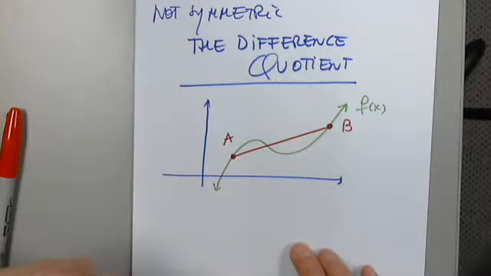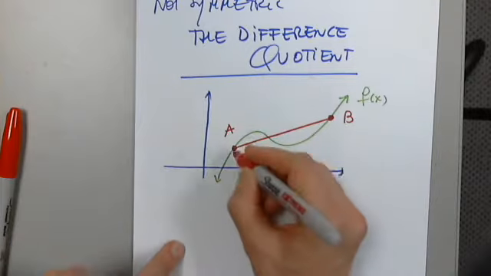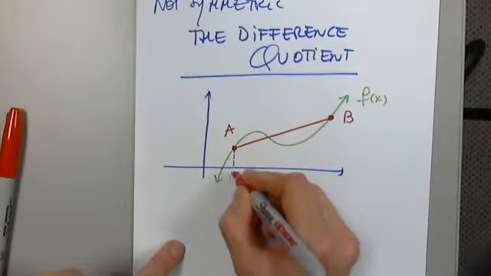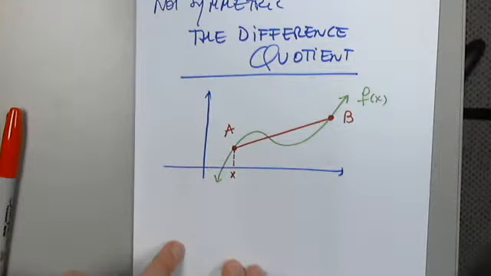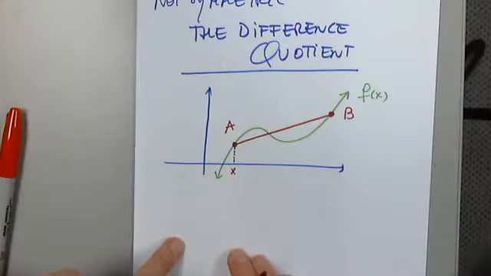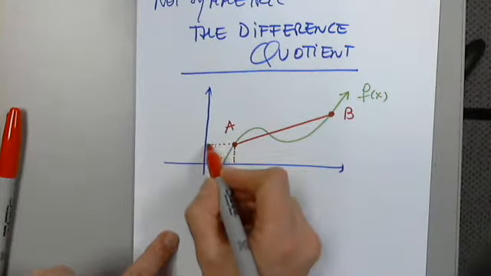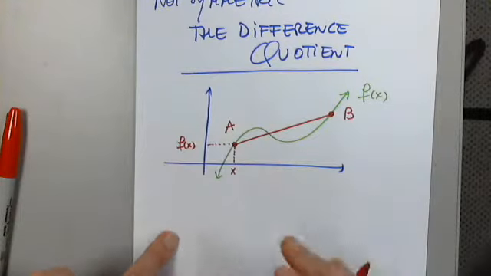Every point on the coordinate system has an x value and a y value, which is f of x.